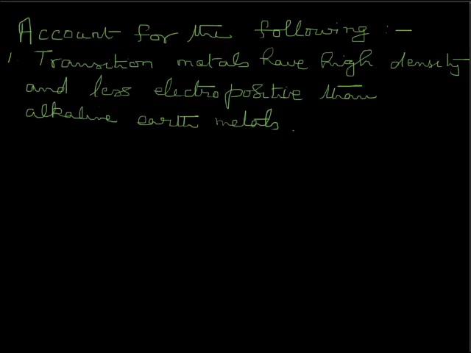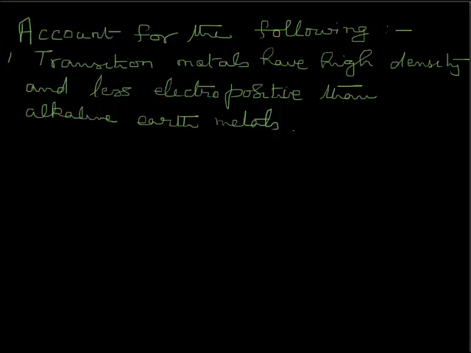Now coming to the second part of the question, you have to explain why transition metals are less electropositive than alkaline earth metals. To explain the electropositive character, you have to consider the ionization enthalpy of the transition metals. And what determines the ionization enthalpy? It is the charge by size ratio. You already know that the transition metals have lesser atomic size due to higher nuclear charge and poorer screening by the d electrons.